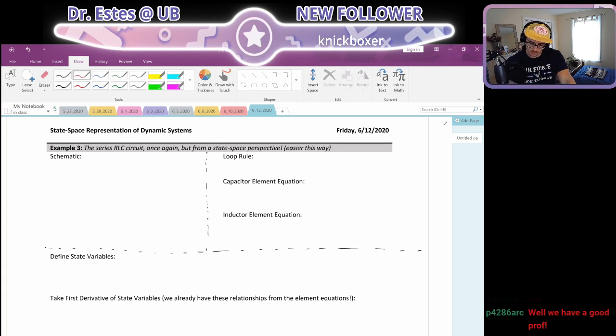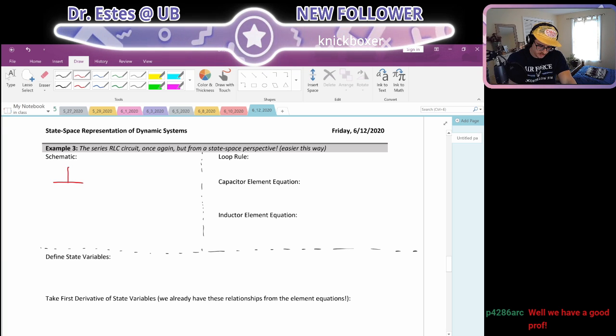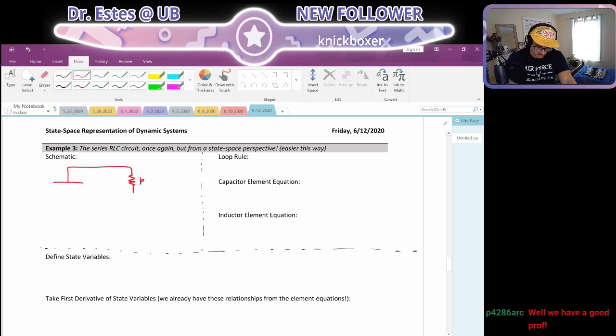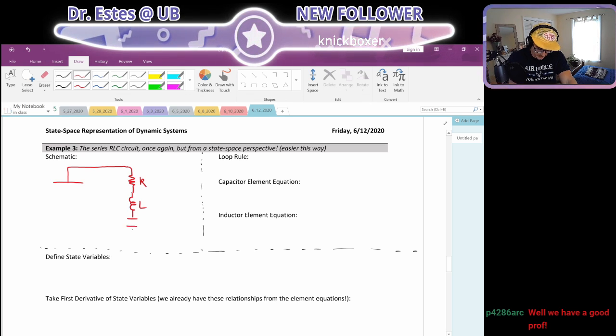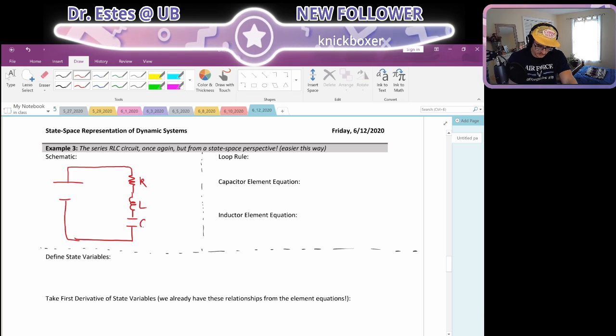So to remind you of what the RLC circuit looks like, well, there's different configurations, but I'm going to show you the series configuration where it's the resistor, the inductor, and the capacitor just all linked together like that.